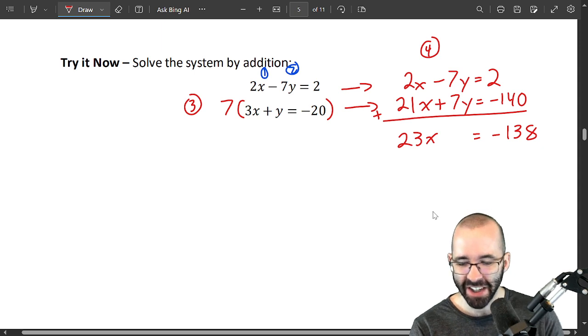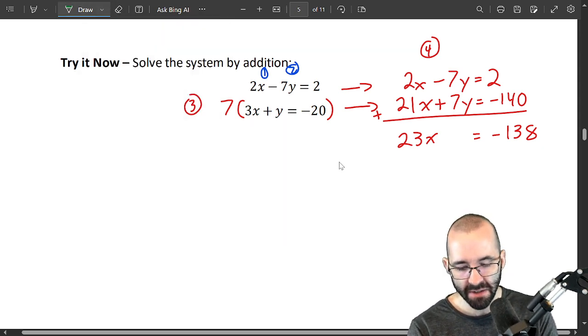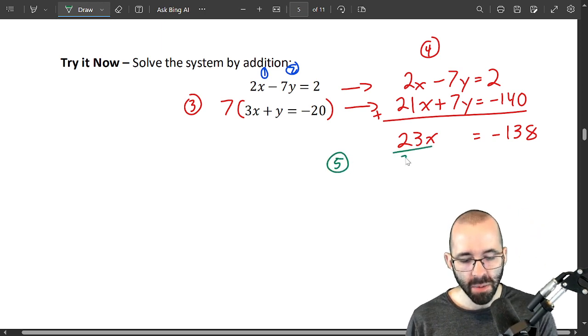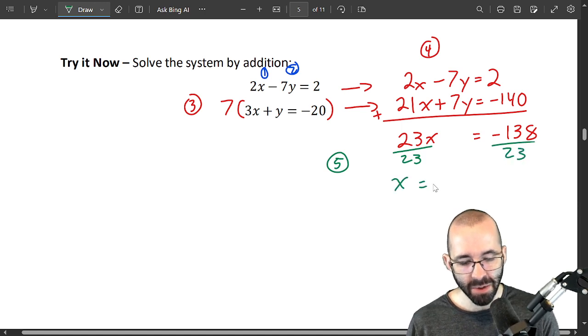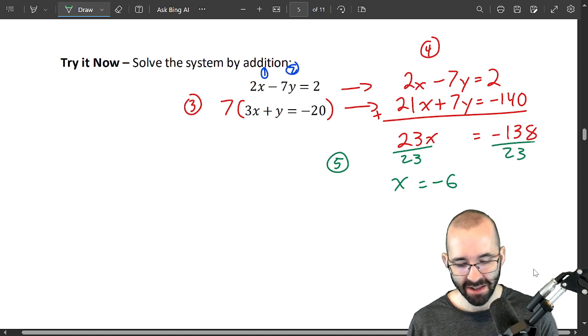Looks a little weird. Hopefully we're good though. And now we can go to step 5, which is just solve for the remaining variable. We're going to divide both sides by 23. When we do that, we get x is equal to, I think that's negative 6. Pretty sure. We'll check our answer at the end.